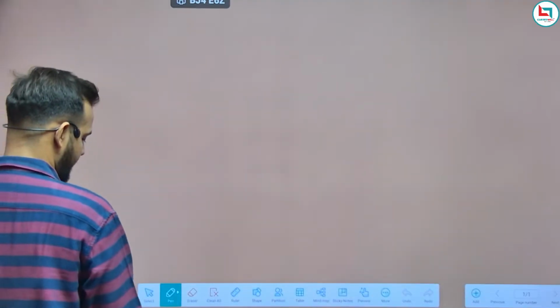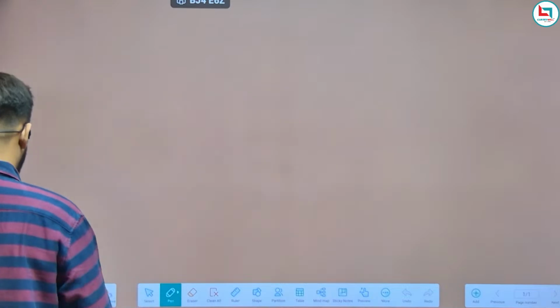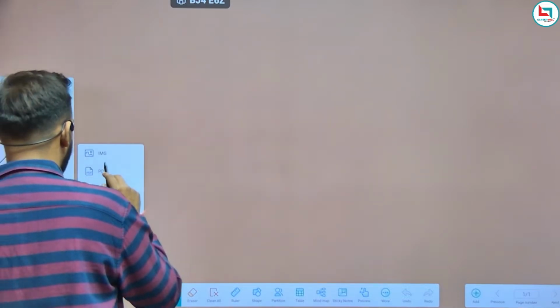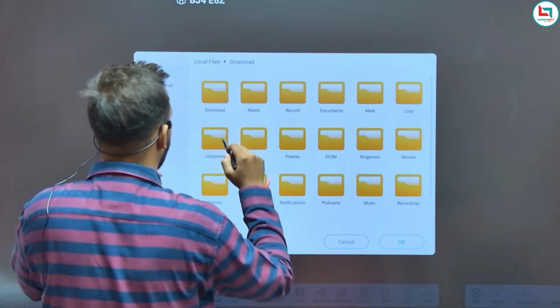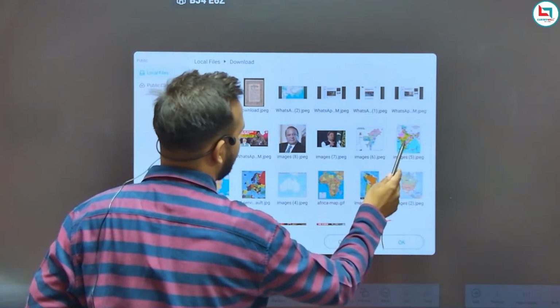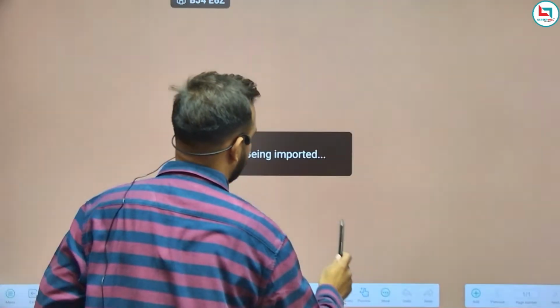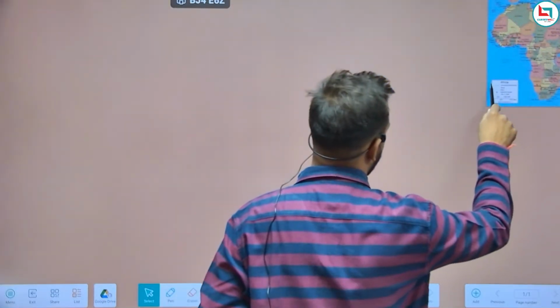Now guys, we were talking about Africa. Let me import the map of Africa. Here we have the African map.